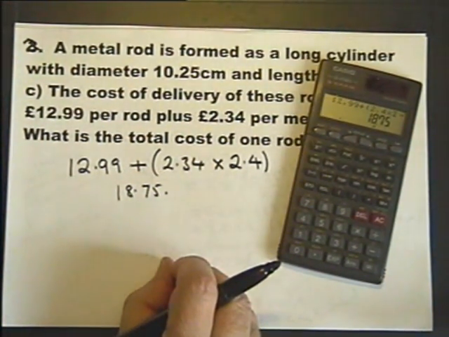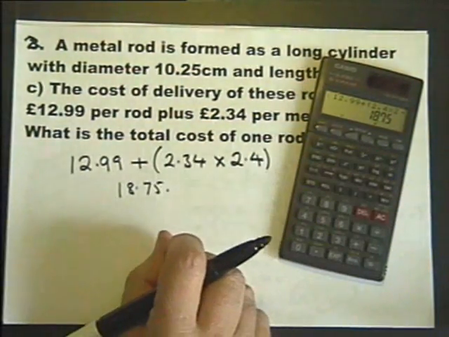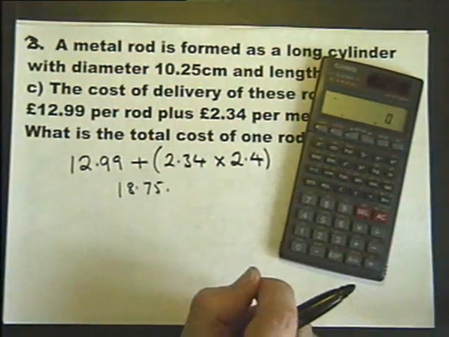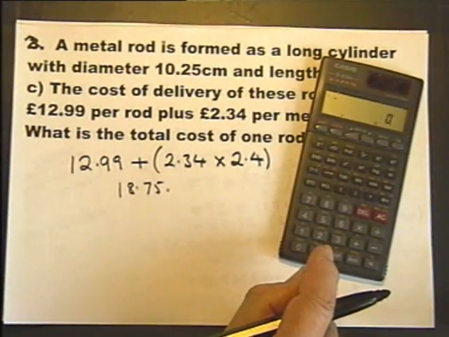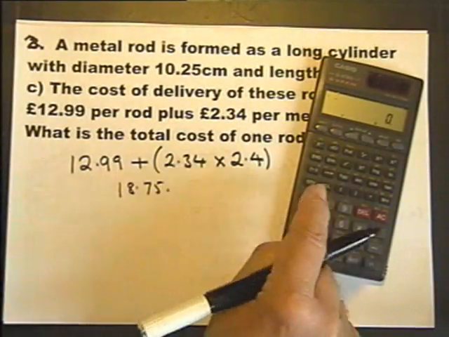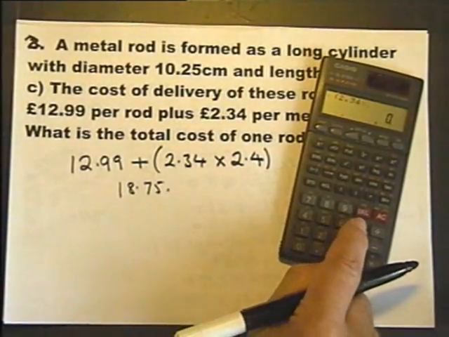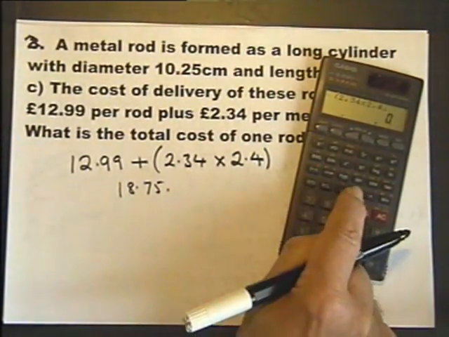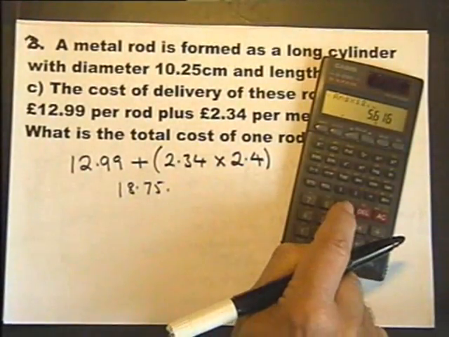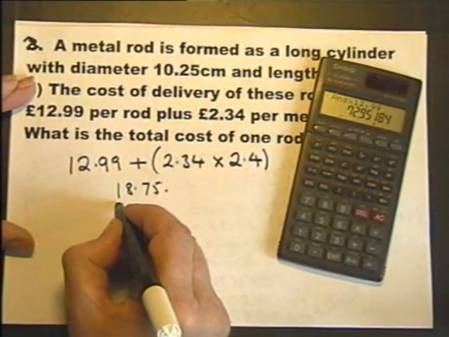It's only question number 2. It's right at the beginning of the exam, and I've pressed the buttons wrong. I noticed it, but let's pretend that I didn't, because as I suggested earlier, work it out again and possibly a different way. So I'm going to do that bit first this time. Open brackets 2.34 multiplied by 2.4 close brackets equals, and then add on the 12.99. So I've done it a different way, but I should get the same answer, and I haven't.